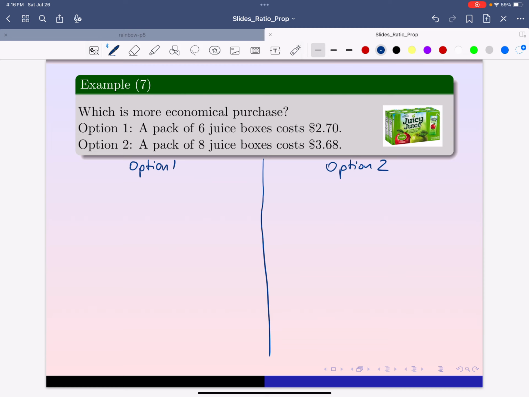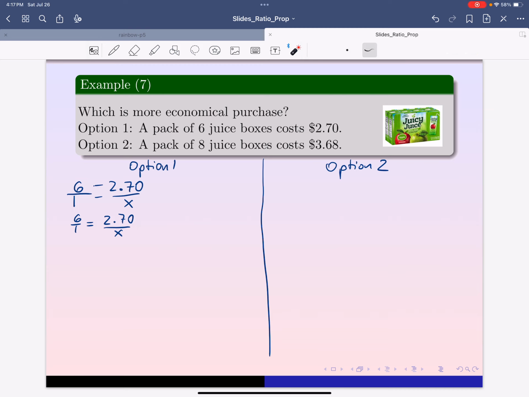So as before, here we would have 6 juice boxes costing $2.70. Now 1 juice box, that's going to be my x, and that's my proportion. So we have 6 over 1 is equal to 2.7 over x.